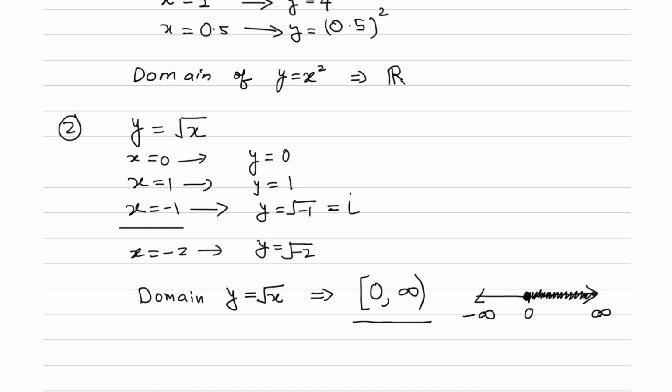I'm putting a bold dot here just to show that 0 is included. Either we can highlight the domain on the real number line like this, or we can put it in the form of an interval. So this is also our domain. So x could be taken from the highlighted part, or x could be taken from the interval.